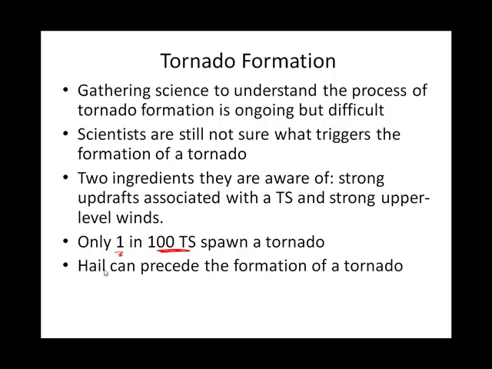So I don't know what the season will bring, but we can oftentimes experience a shaft of hail, a bunch of hail falling, before we see a tornado. The reason for this is hail is actually suggesting we have a strong updraft and a good healthy downdraft.